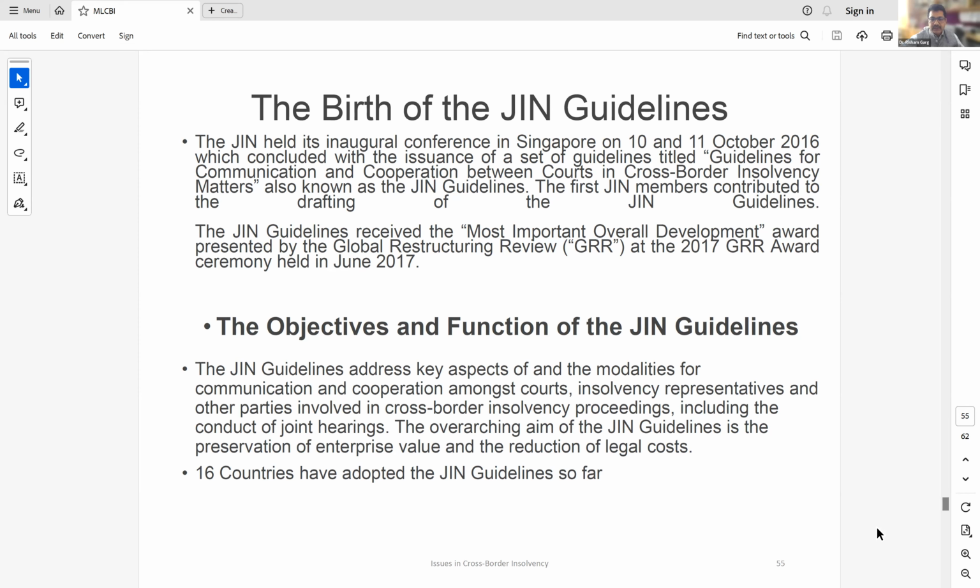And 16 states, I mean, it may not be 16 countries, but different jurisdictions. In some countries, there may be multiple states who have power to join and enter into these separate arrangements and MOUs. So 16 courts have adopted these JIN guidelines so far.